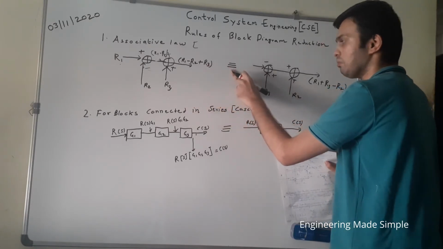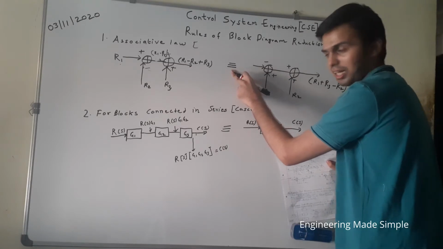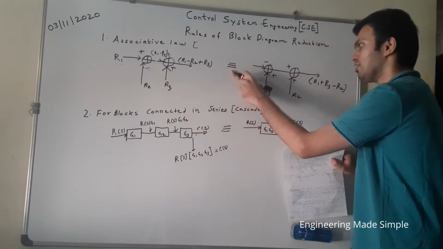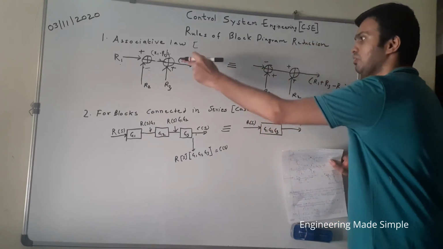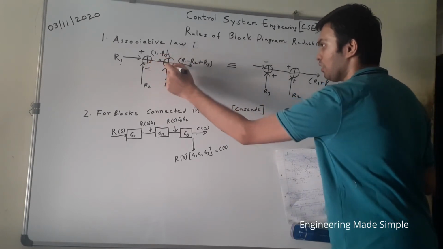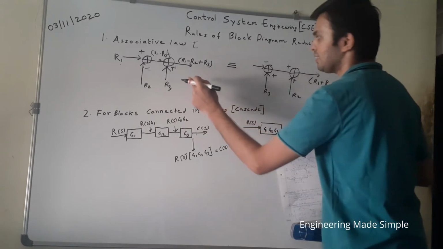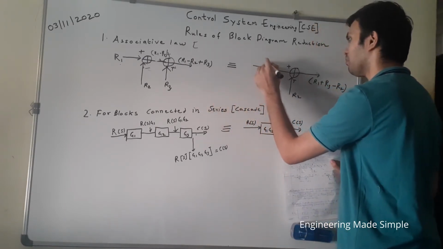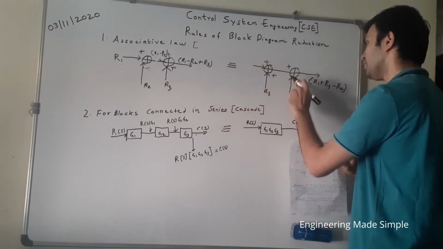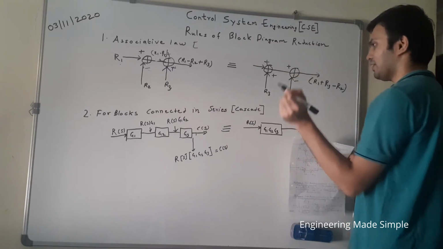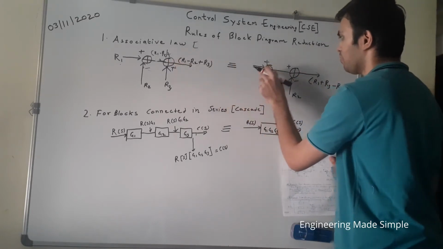Now we want to do some manipulation of the block diagram for block diagram reduction. So how can we do it? We can interchange these two summing points. This is summing point number 1 and this is summing point number 2, but we have interchanged them now. The second summing point we have put over here, and in this manner I have interchanged it. So this summing junction comes first now.